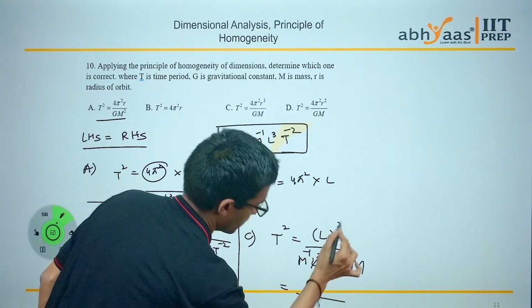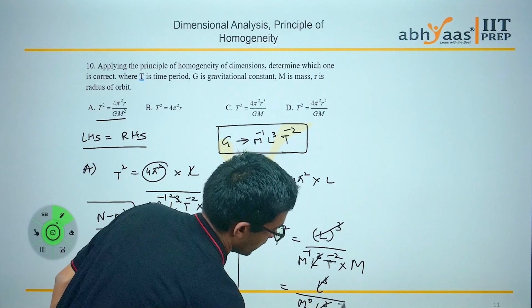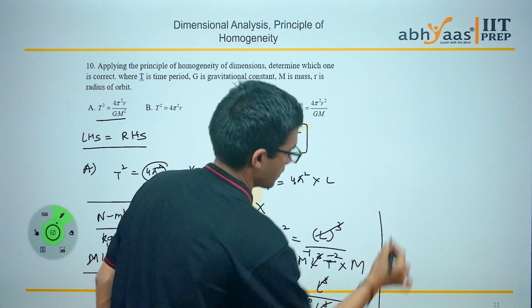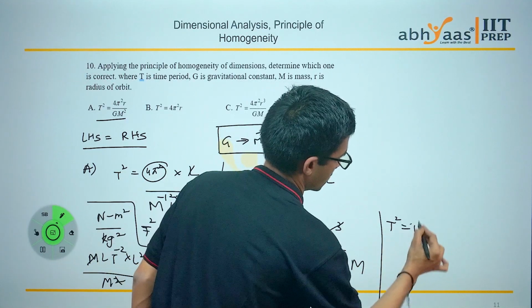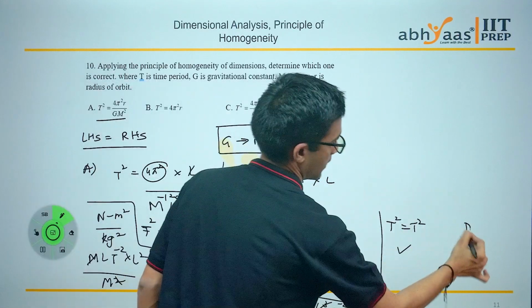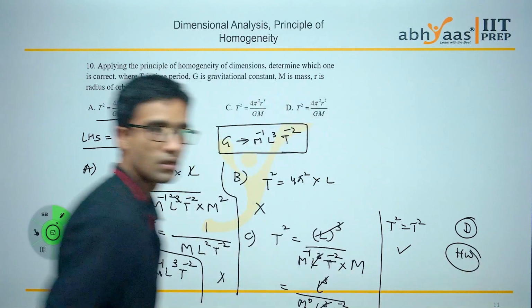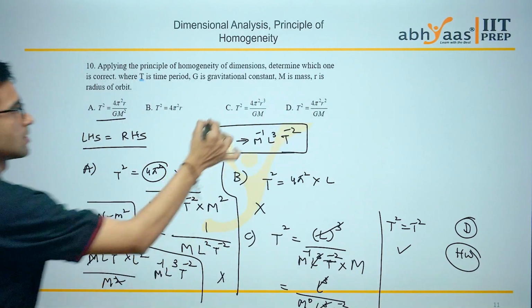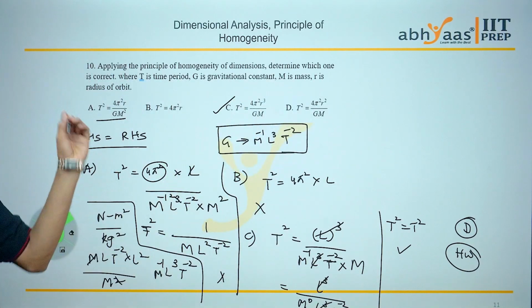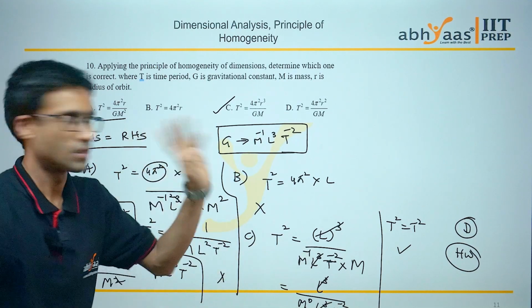L cube gets cancelled. So t power minus 2. So then T square equal to T square. So this is the right one. So you can verify the option D as homework. Okay, homework. Now the option C is right for this. So dimensionally it is correct, both left hand side and right hand side.